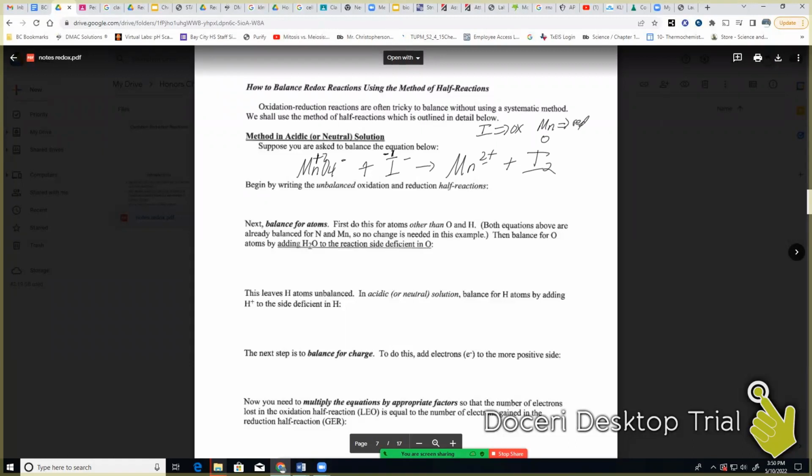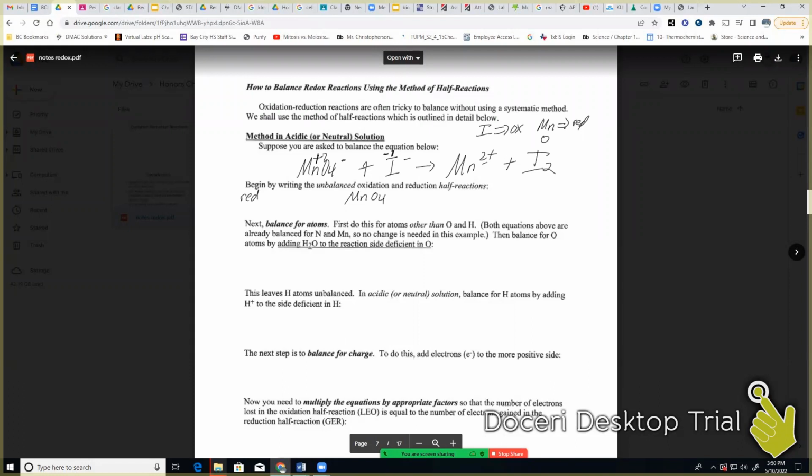At this point, I separate them into two half reactions. I tend to write my reduction half reaction first. We said that involves the manganese, so that would be MnO4 minus going to Mn2 plus. I've written that too big, so let me rewrite that.